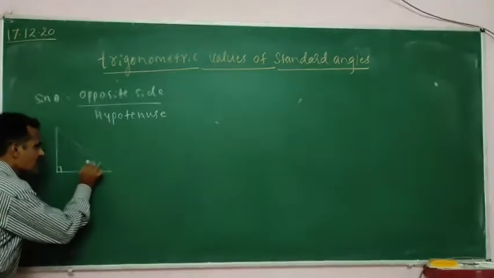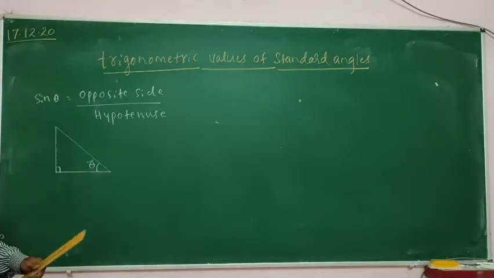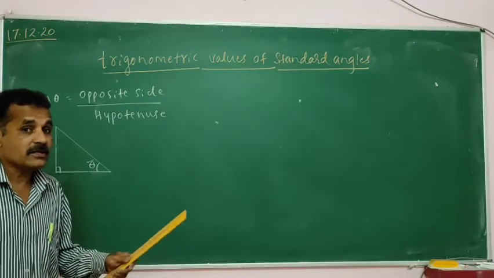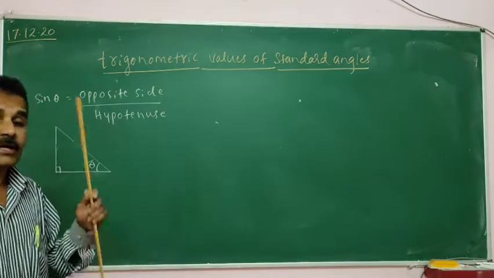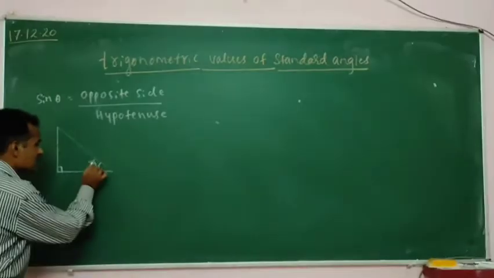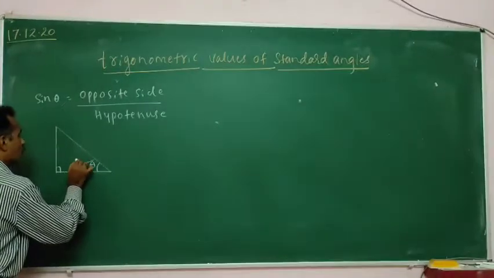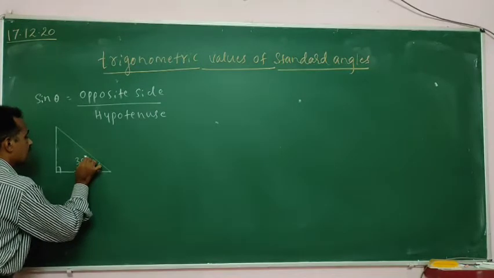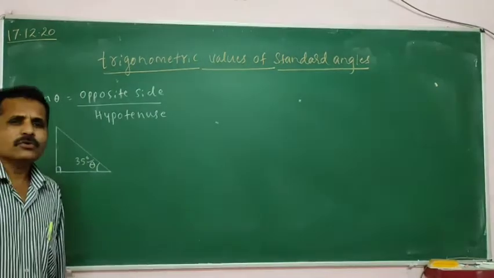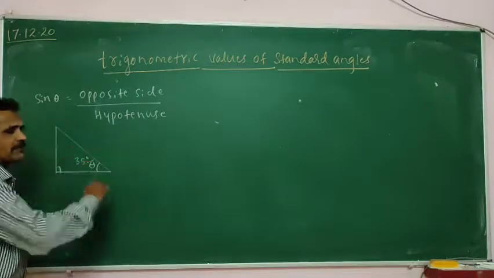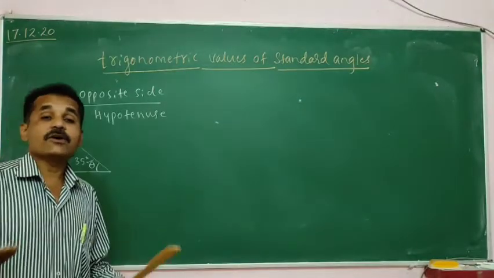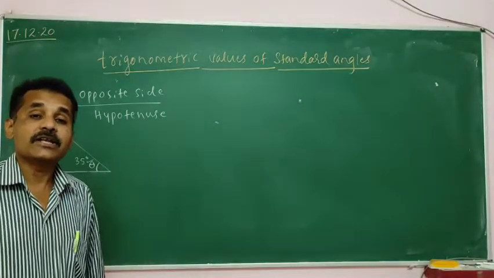Now, if theta is an unknown angle, it can be any acute angle. If I replace this theta by some angle, say 35 degree, somebody asks you, find the value of sin 35 degree.